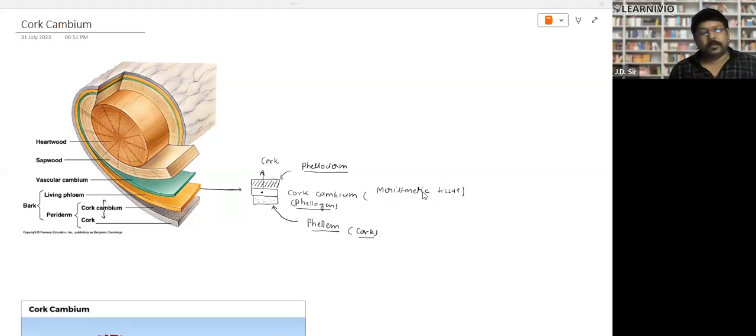In order, note down for cambium. What should be the heading? For cambium.